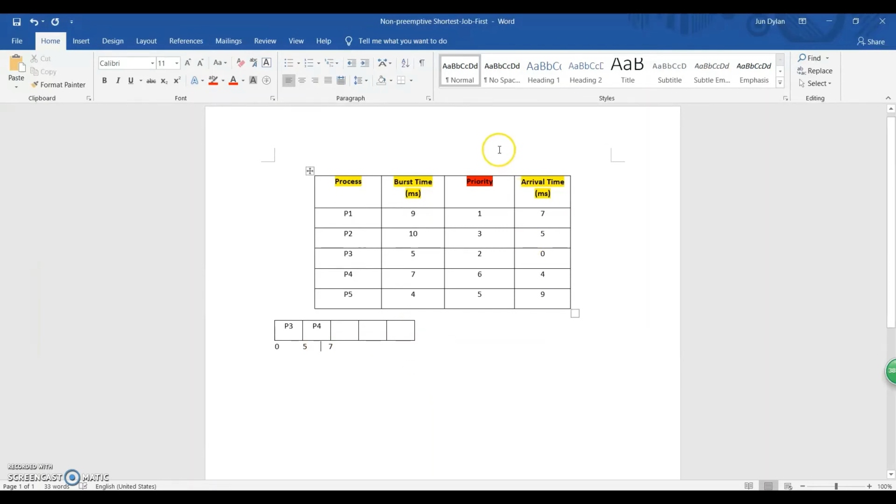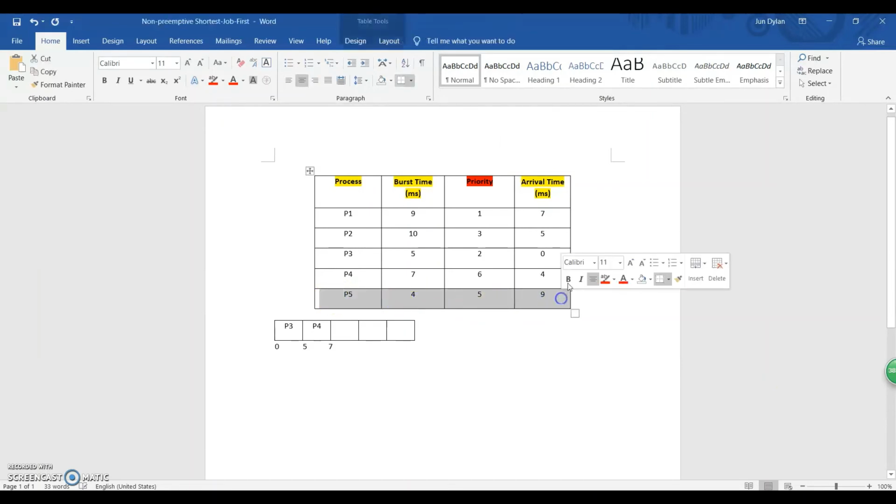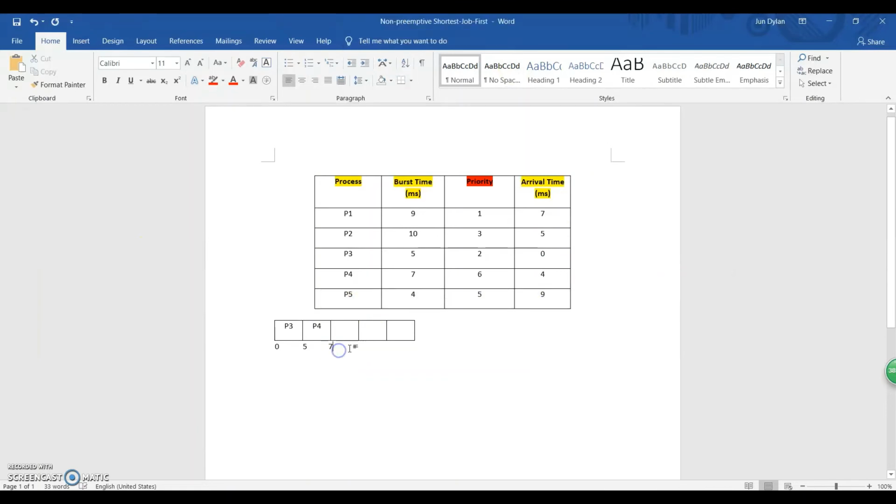In the third one, we continue to seek the smallest burst time, because as you can see, the burst time has already become 12, which means there is already enough space for P5 to come in.